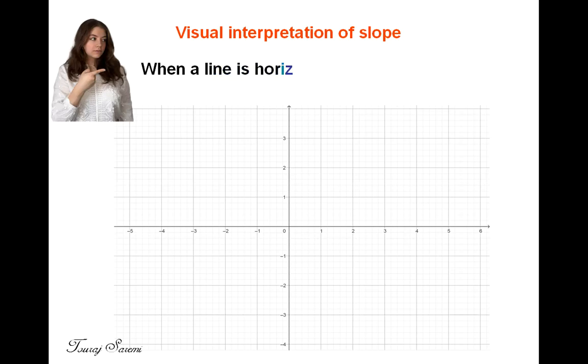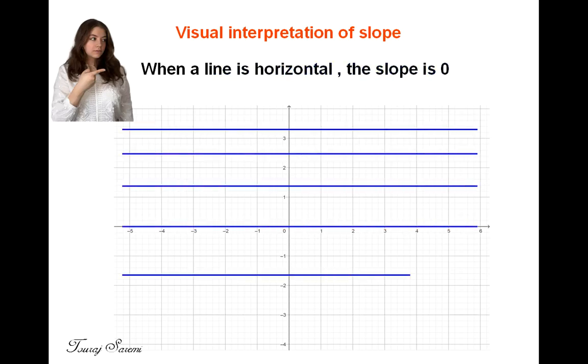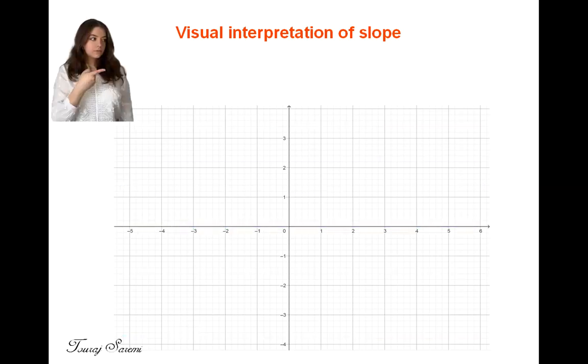When a line is horizontal, the slope is 0. When the line is vertical, the slope is undefined.